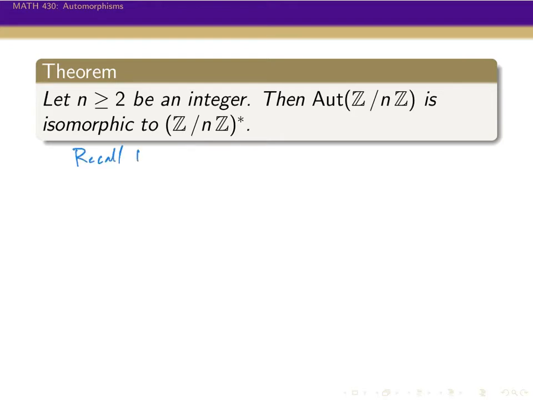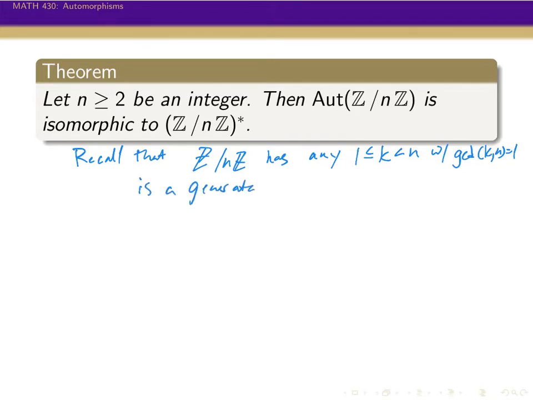And let's recall that Z mod nZ has any integer k, so any k that's between 1 and less than n, that is relatively prime, so the GCD of k and n is equal to 1, is a generator for the group.